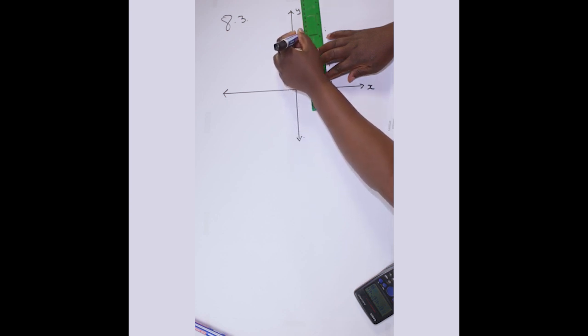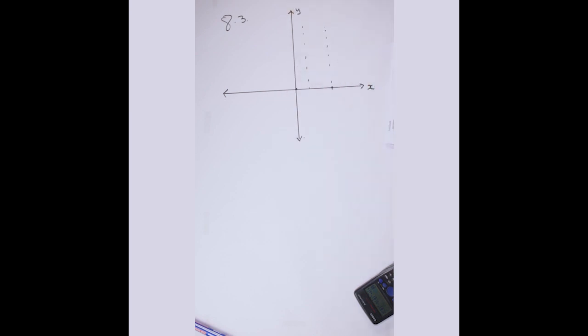They are likely all in the first quadrant. And then we have 28 divided by 27. That is just a little bit above 1.